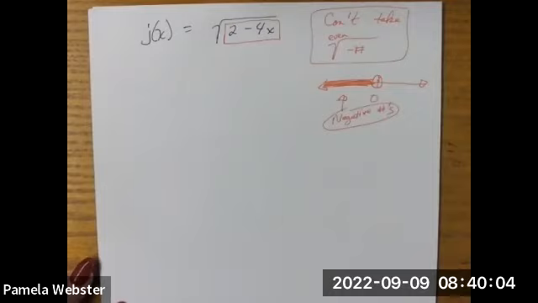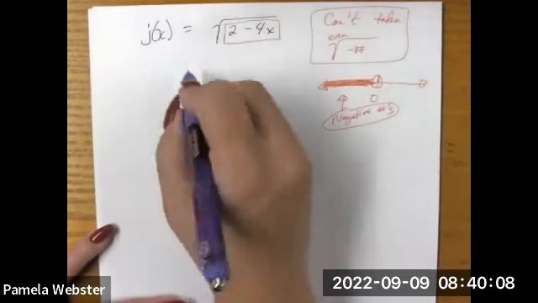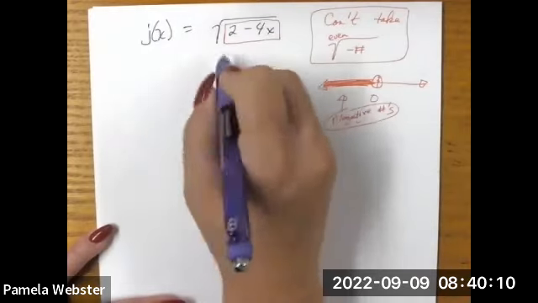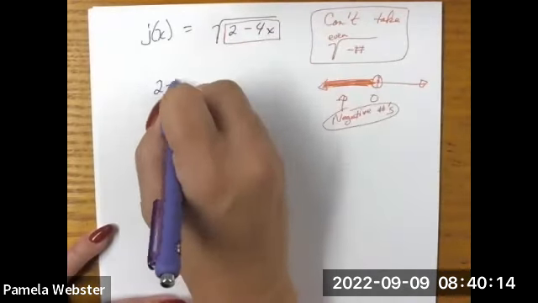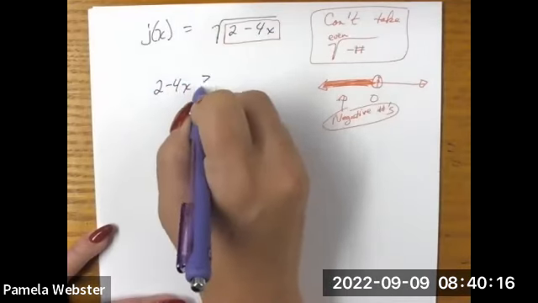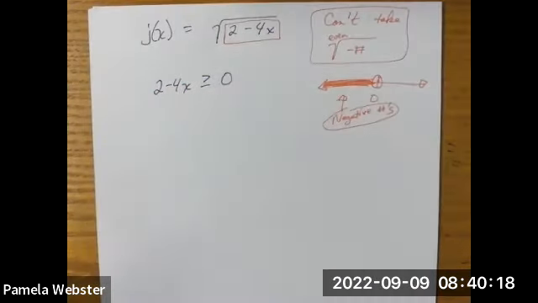So again, that's one of those inequalities we looked at last week, right? Okay, so whatever's inside of the radical here, 2 minus 4x, needs to be greater than or equal to 0. So if it's a 0, we're not negative, we're good. And if it's positive, we're not negative, we're good. Okay, so that's how I set those up.